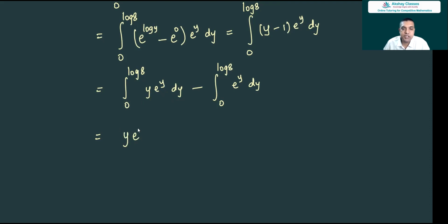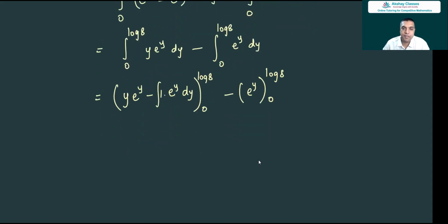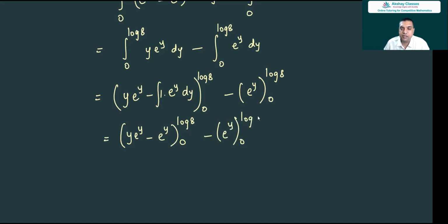So first function into integral of the second minus derivative of the first into integral of the second, the whole integral. This is e power y. Now this is y e power y minus e power y from 0 to log 8.